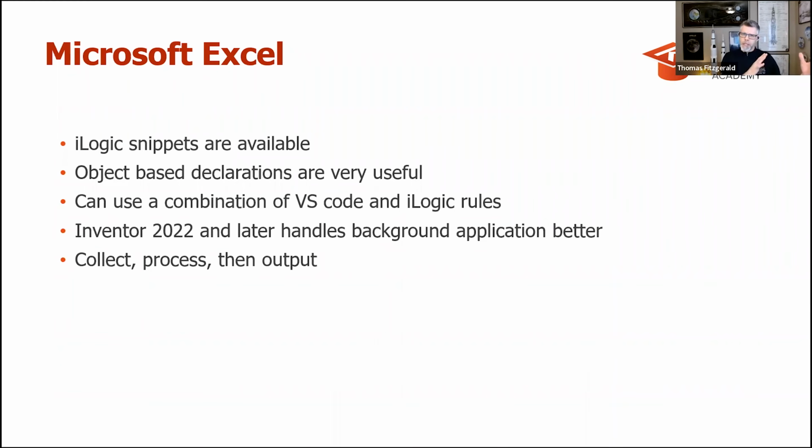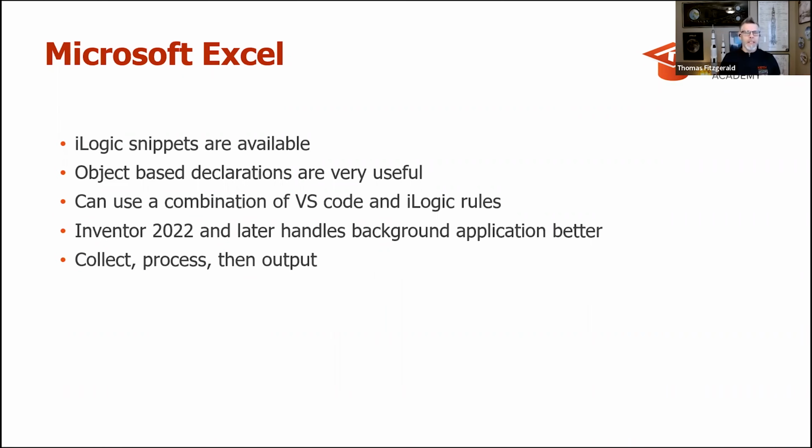I showed if you're using Visual Studio and you need to access Excel and collect information, obviously you're not going to use the iLogic snippets. You want to use those object-based declarations instead. You can use a combination of object-based declarations and the iLogic Excel snippets inside of iLogic rules.